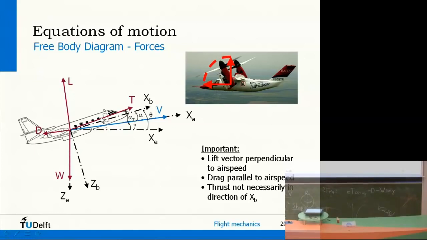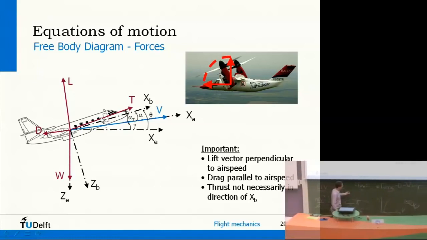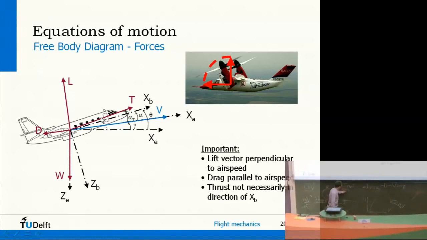Now, we can do the same thing, but then perpendicular to the airspeed. So the sum of the forces perpendicular to the airspeed vector are as follows. By definition, lift is perpendicular to airspeed. So we have lift. Now the weight is pointing downwards, and there's again this angle between the ZA axis and the moving Earth axis.